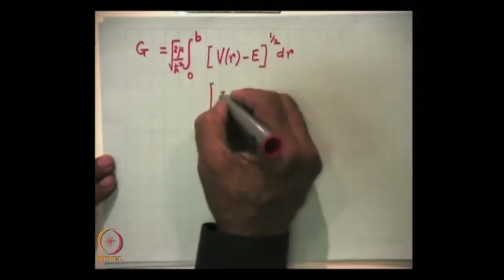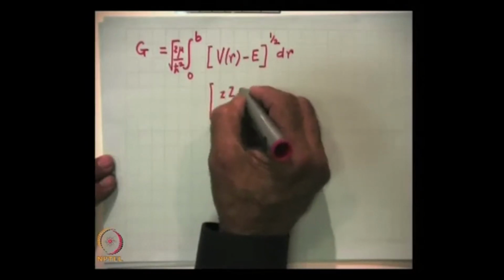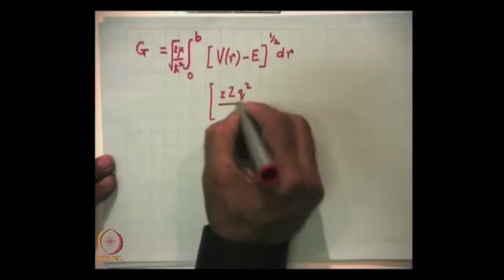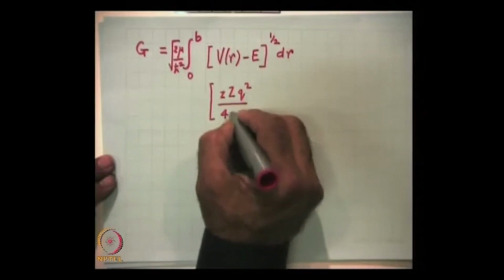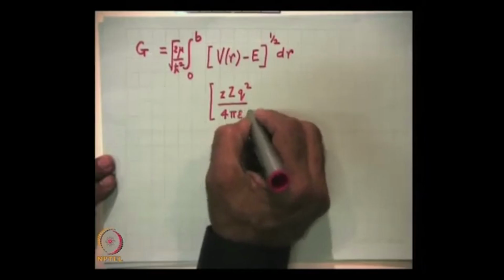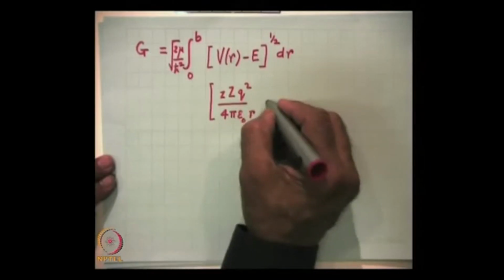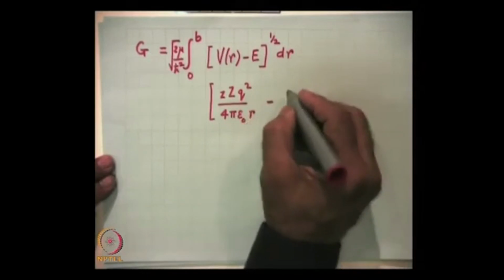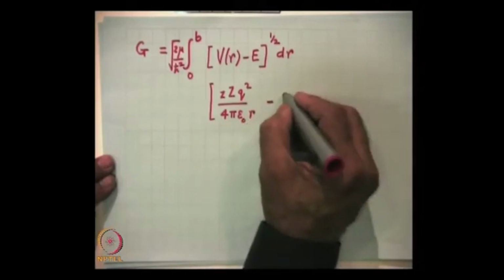That is small z, capital Z, q square by 4 pi epsilon naught r minus E.